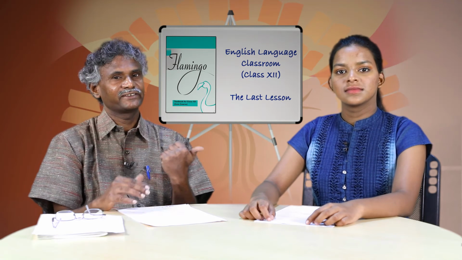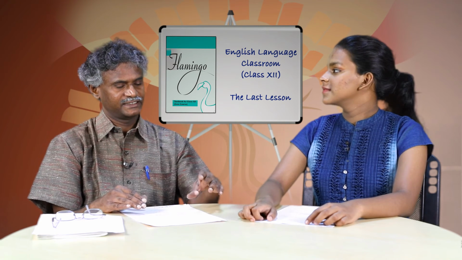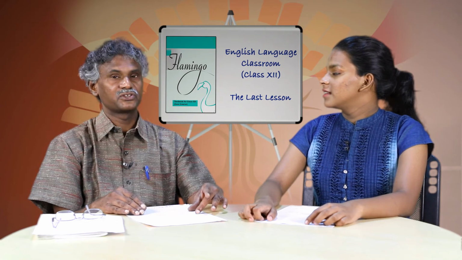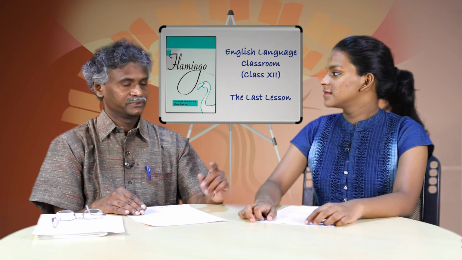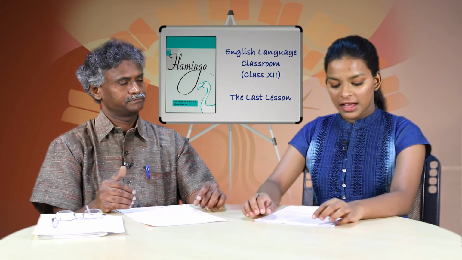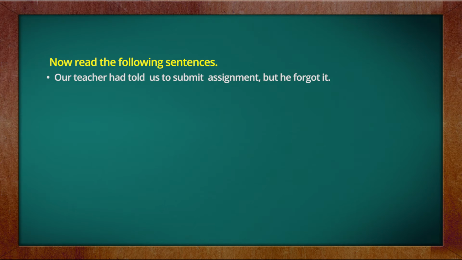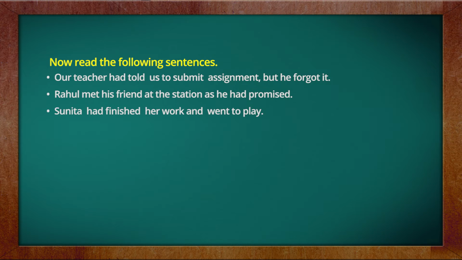Come on, let me request again Devyani to read the 4-5 sentences which are with you on the screen. Our teacher had told us to submit assignments, but he forgot it. Rahul met his friend at the station as he had promised. Sunita had finished her work and went to play. When I reached the station, the train had already left.